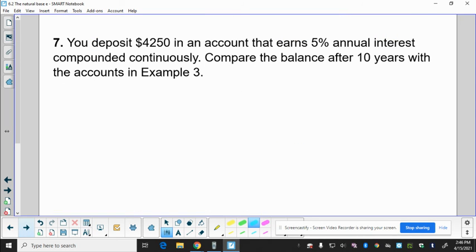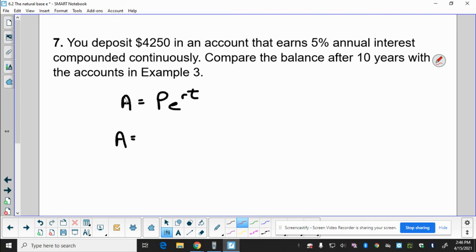Let's do a follow-up question. Look at this. You deposit $4,250 into an account that earns 5% interest, compounded continuously. Compare that balance after 10 years. All right, let's try that. Here's the formula. Let's go ahead and put some information here.